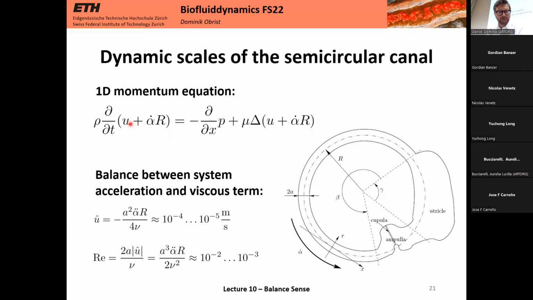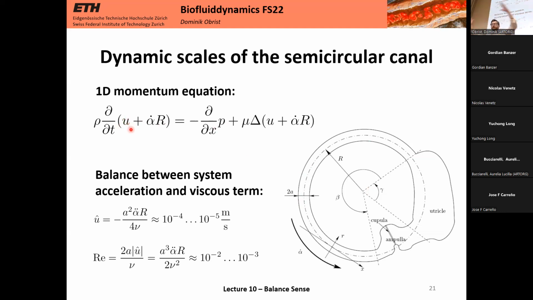Why do we have here the u plus alpha dot R? Well, that is because we are dealing in a moving coordinate system. So we consider ourselves sitting on the head or moving with the head. So we're always moving with the whole system. And we only see the velocities of the fluid relative to the head, so relative to the bone. And this is the fluid velocity u.